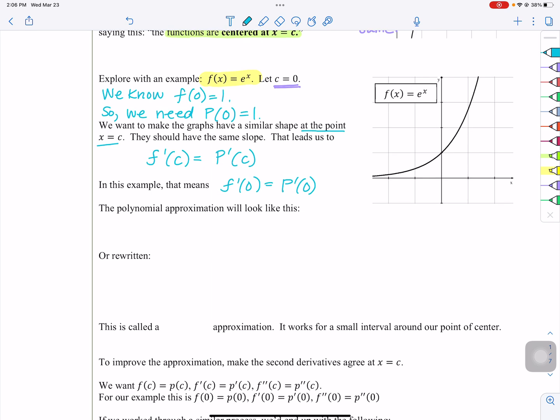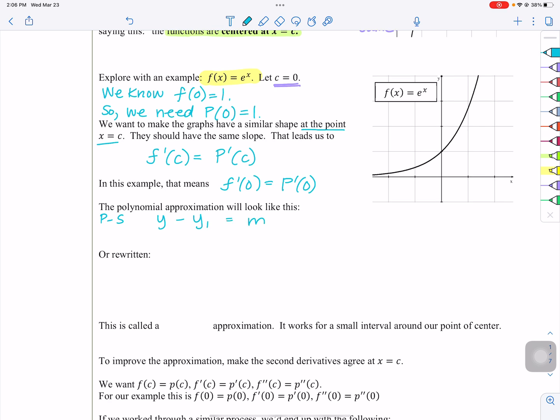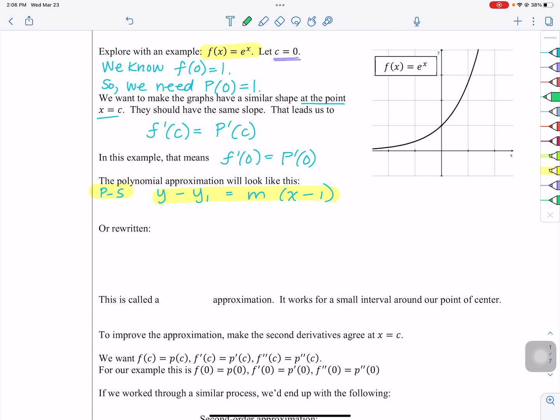And so if we use the point slope form of a line, y minus the y value equals the slope times x minus the x value, and we fill that in, y will be our polynomial evaluated at x, minus f of c, our function evaluated at the center, equals f prime of c times x minus c.